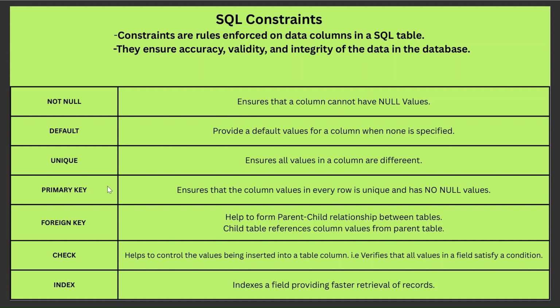If you want to join two tables, there must be a common column among the two tables. One will be the primary key and the other one will be the foreign key. The foreign key acts more like a primary key in the other table, the child table.